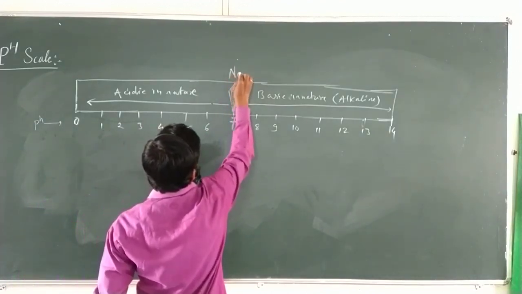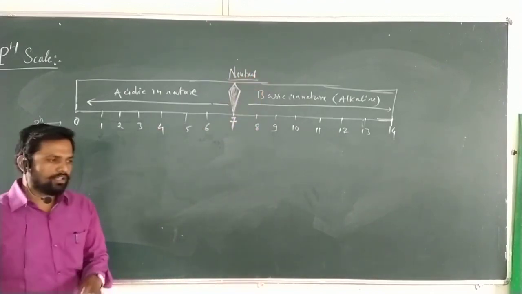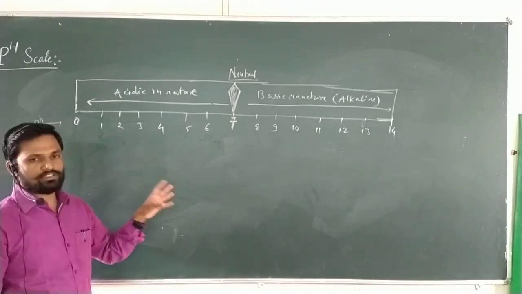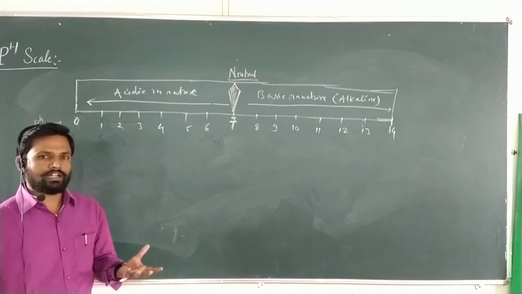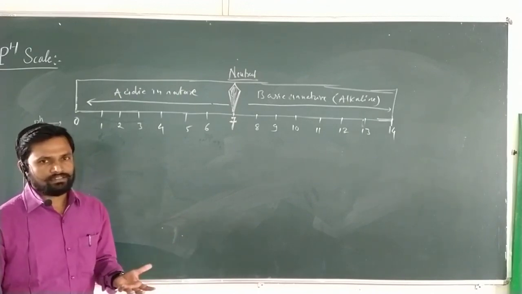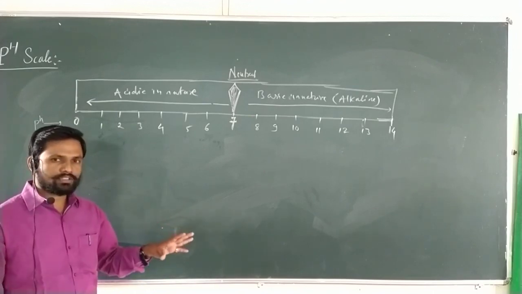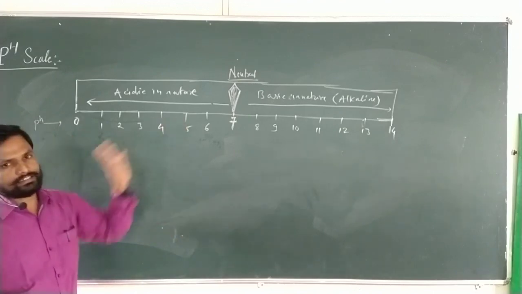This we have to remember: pure water is always neutral in nature. But if you add some electrolytes, they may be acidic or basic. How can we define acidic? If a substance produces H plus ions in aqueous solution, it is acidic.